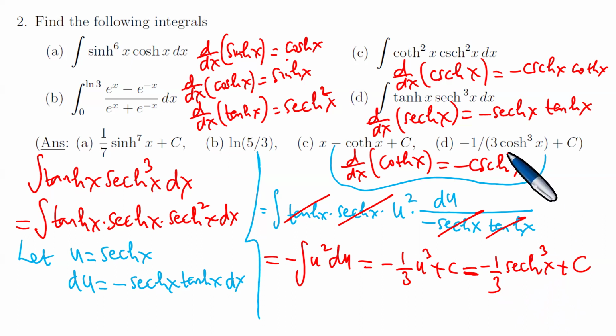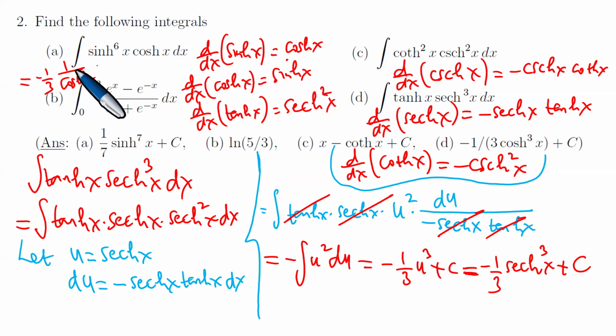But the answer looks different, yet it is the same. How is the answer the same? Because we know that this is minus 1 over 3, but the sech is 1 over cosh.